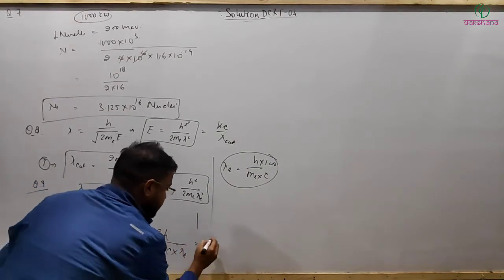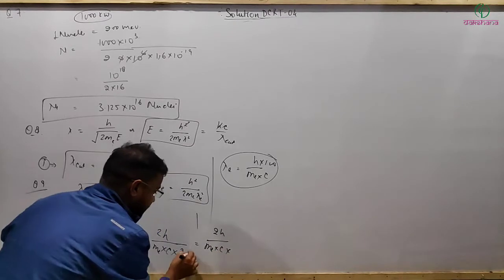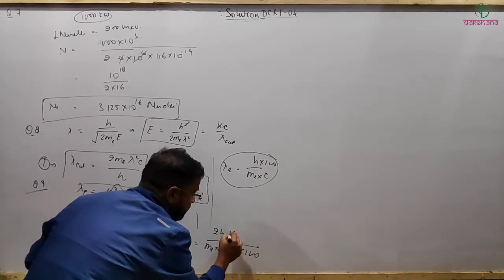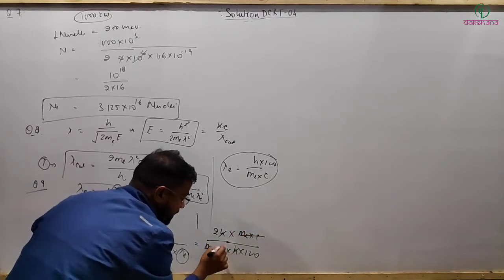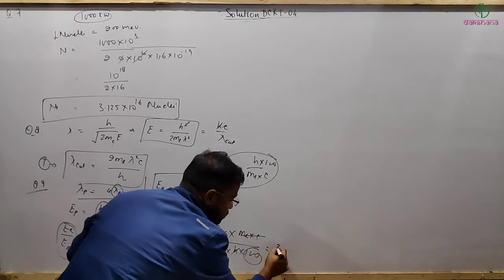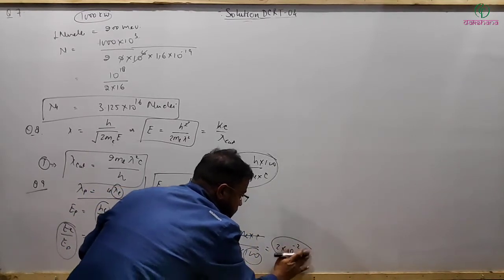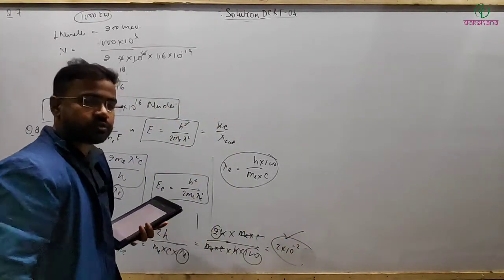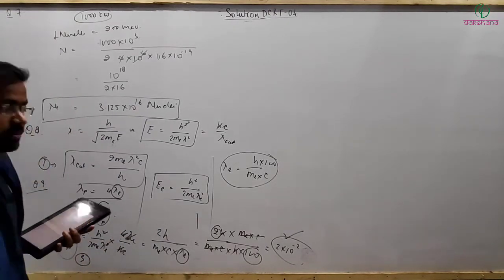Then I am getting 2h divided by me into c multiplied by lambda electron, which is h multiplied by 100 divided by me into c. me into c cancels, h gets cancelled, 2 divided by 100, that is equal to 2 into 10 to the power minus 2. It's basically a ratio of energy, so it's simply dimensionless, 2 into 10 to the power minus 2, and that's matching with option number 3 for question number 9.